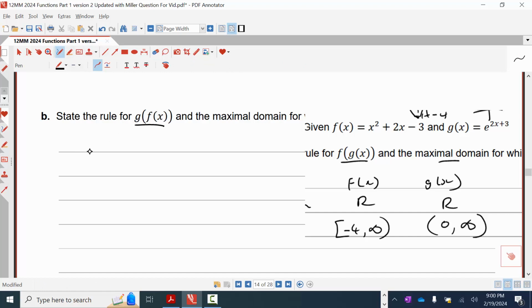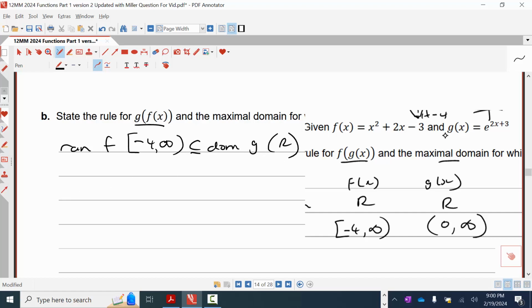For this composition to work, I need to check whether the range of the inside, here's its range, -4 to positive infinity, is a subset of the domain of the outside function, which is all reals. Is that a subset of all reals? Absolutely. So we can go ahead and form the composition.